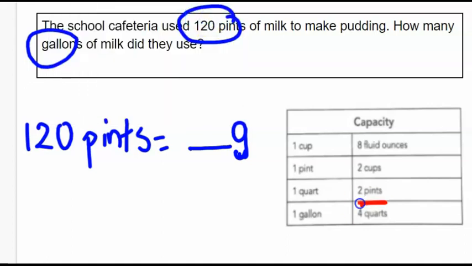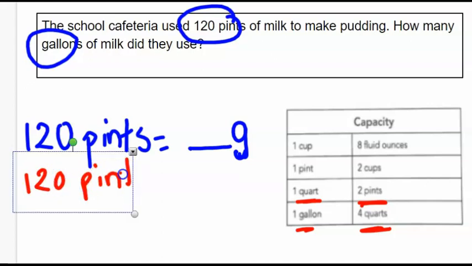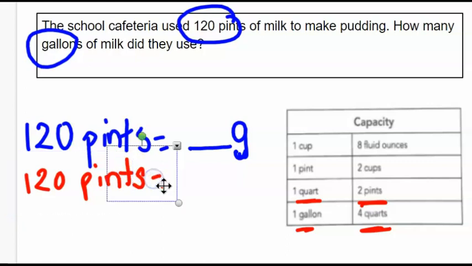I'm noticing that 2 pints equal 1 quart, and then I know how many quarts equal a gallon. So I'm thinking that it's going to help me if I determine how many quarts equal a pint.